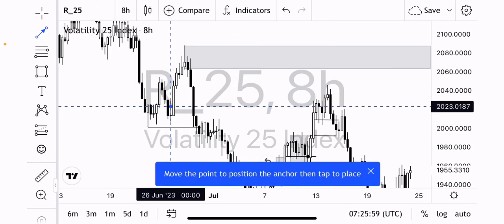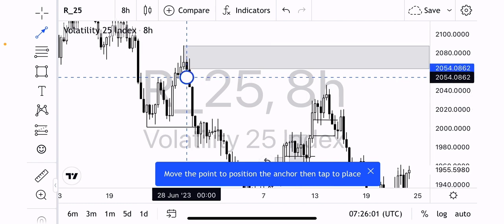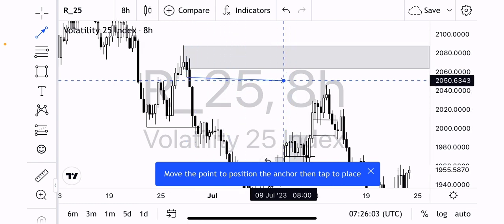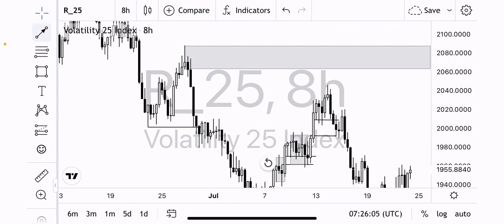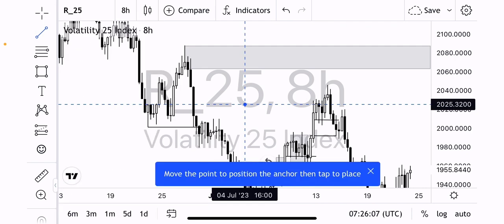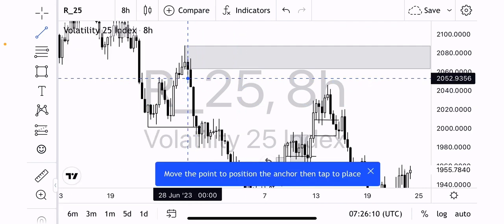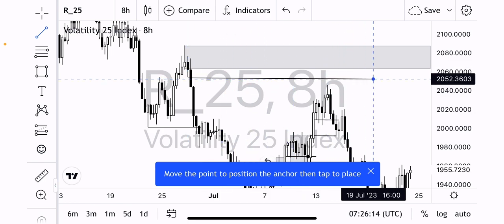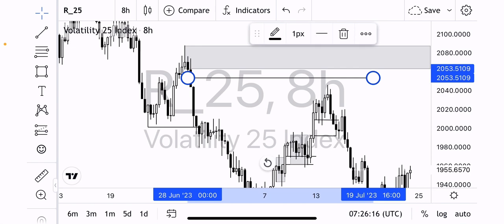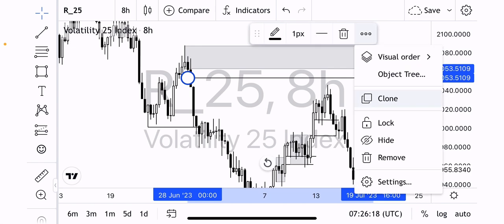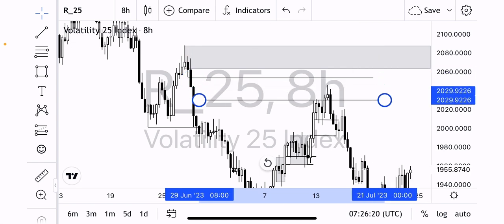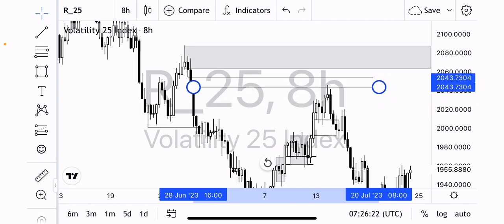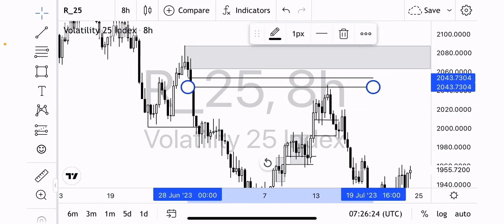I said earlier that market might actually use 50% of the fair value gap, or it uses the POI closer to the fair value gap. So we have that as a fair value gap. This is our first fair value gap.